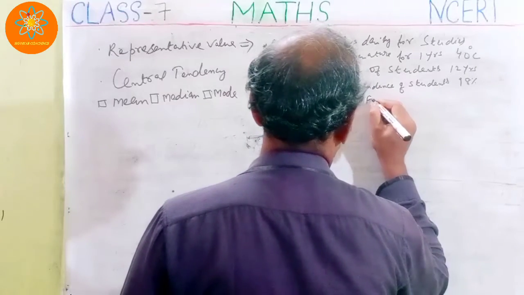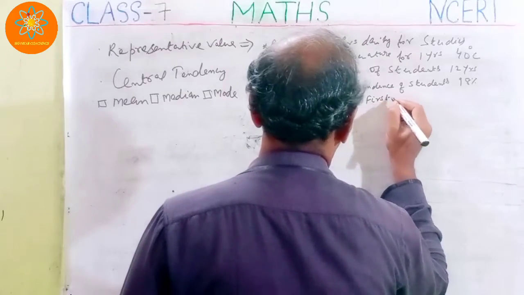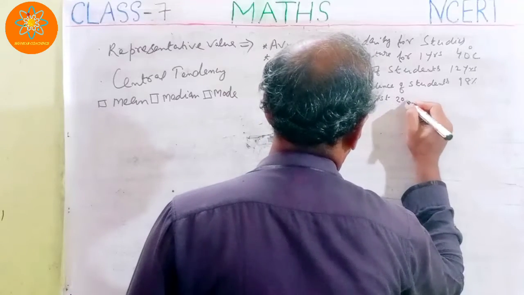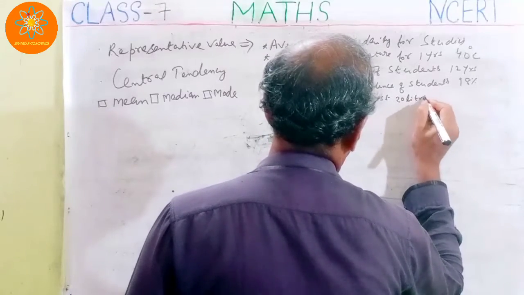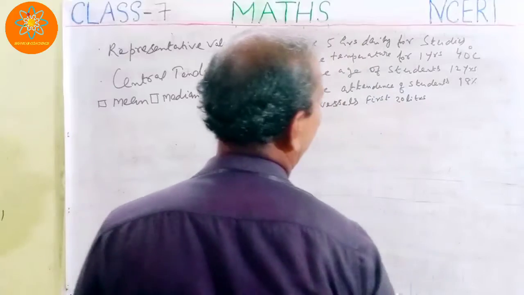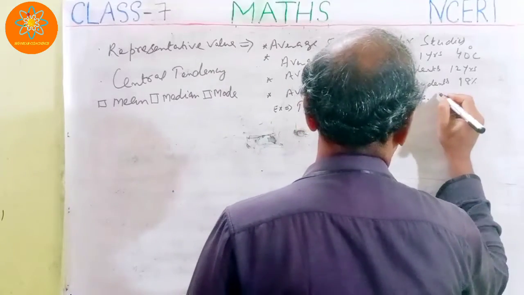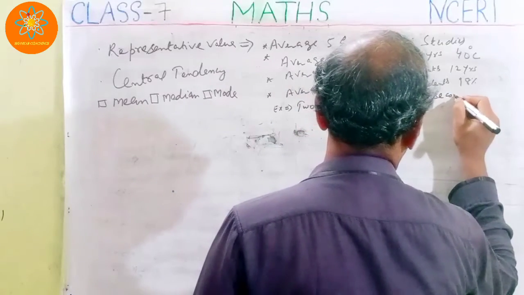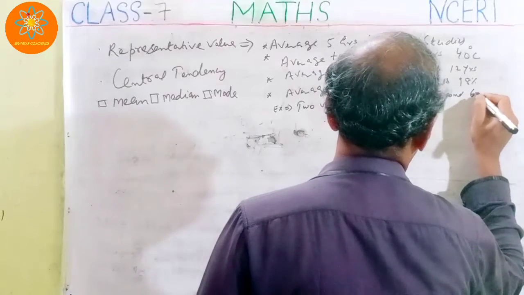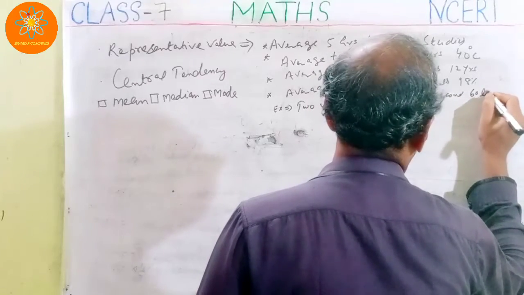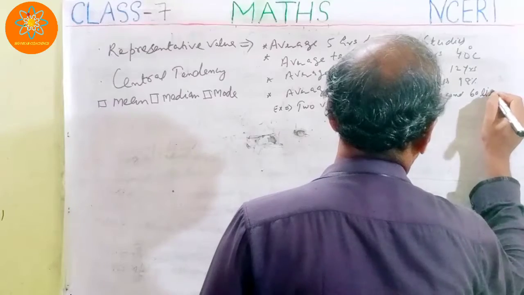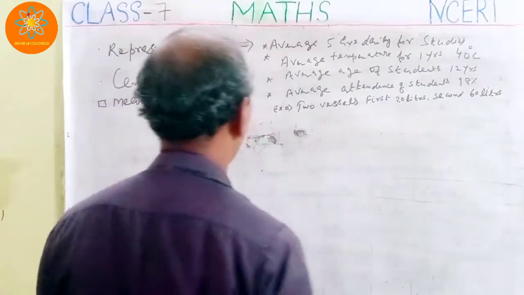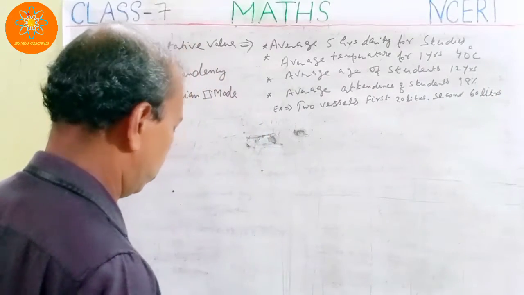In the first I am taking 20 liters. And in the second, let's suppose it is 60 liters. So, what is the average?